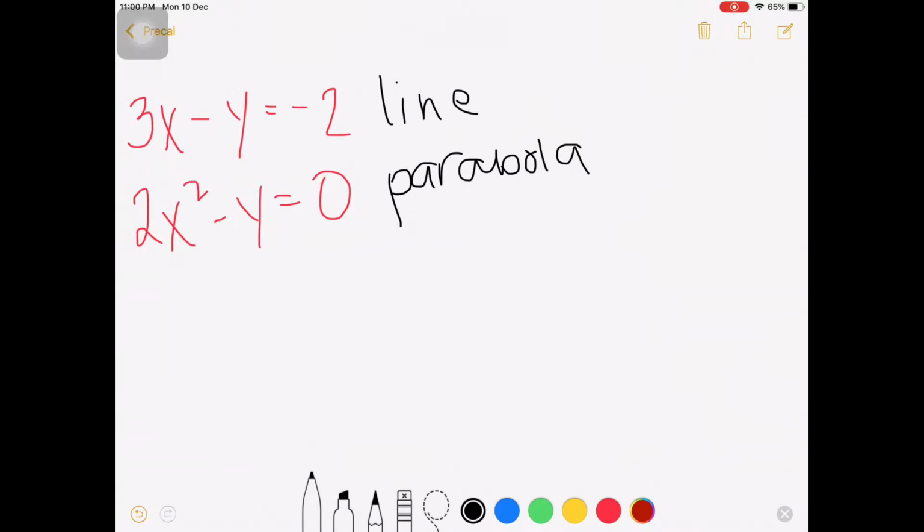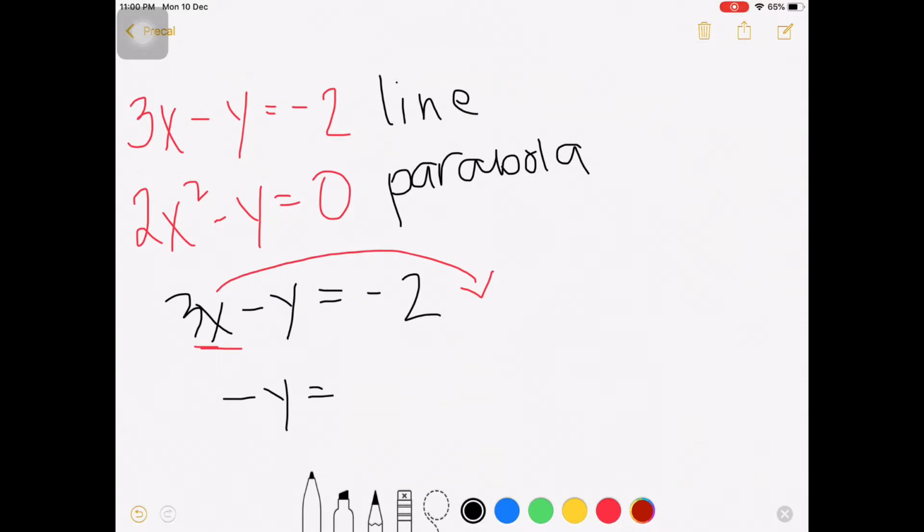So here we have 3x minus y is equal to negative 2. In order for us to have y is equal to something, we have to isolate y. So the 3x will be transposed to the other side. Since it's positive on the left side, when transposed it will be negative on the right side. So we have negative y is equal to negative 3x and then negative 2.